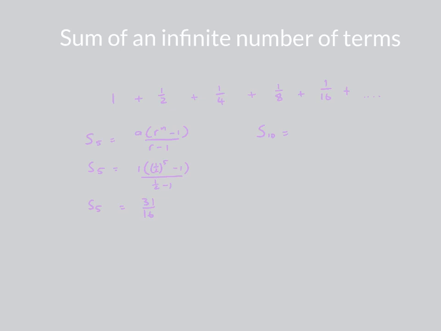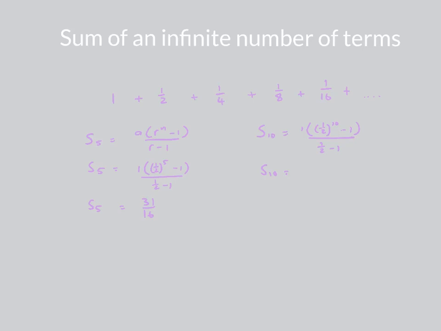So for example, if we wanted to find out the sum of the first 10 terms, and this continues, the next one would be 1 over 32, 1 over 64, and then 1 over 128, and so on. We will do the same thing, right? It will be 1, the ratio is a half to the power of 10 now, minus 1, over a half minus 1. So what's the sum of the first 10 terms going to be?